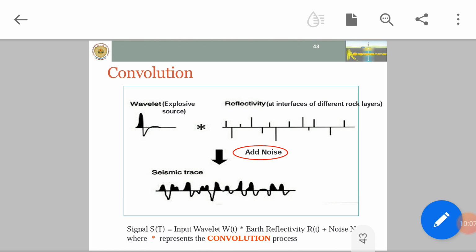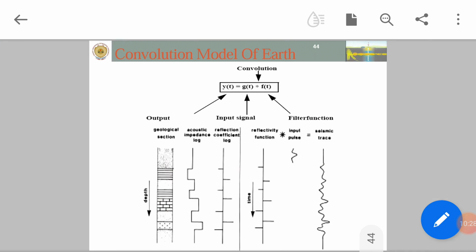Now we added noise to it and we get the seismic traces. So if you have a signal, it is the input wavelet convolved with the Earth's reflectivity plus noise, which represents the seismic trace. Now we would like to bring the reflectivity back. We need to remove the wavelet, and that is the objective of deconvolution.